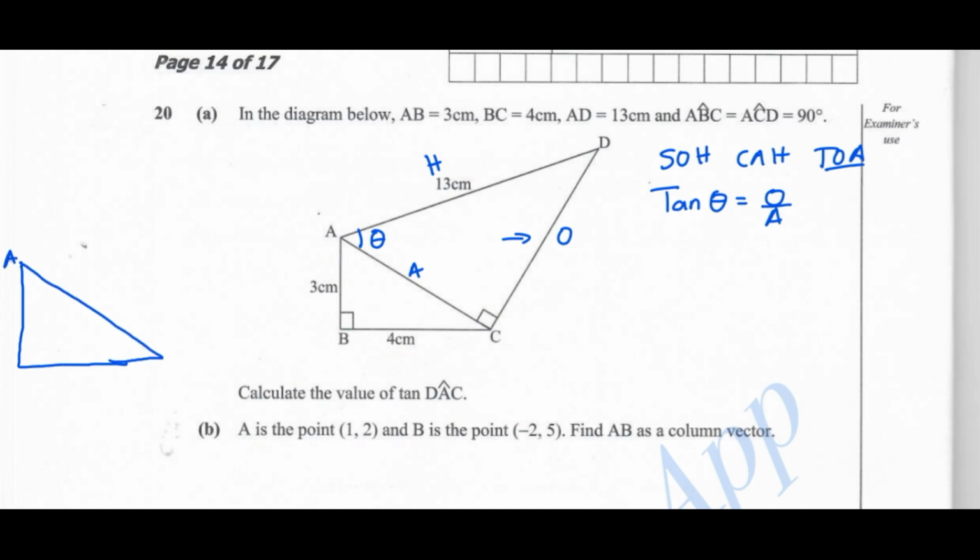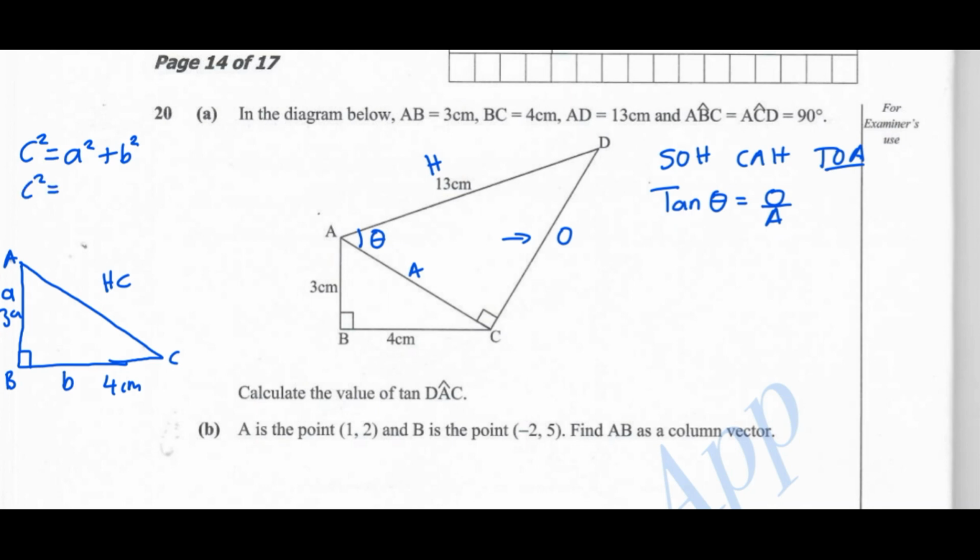So I have A here, B, C, 4 centimeters, then 3 centimeters. If this is a right angle triangle, we can find this distance here by using Pythagoras theorem. So say A, B, C, we are solving for C. So C squared is equal to A squared plus B squared.